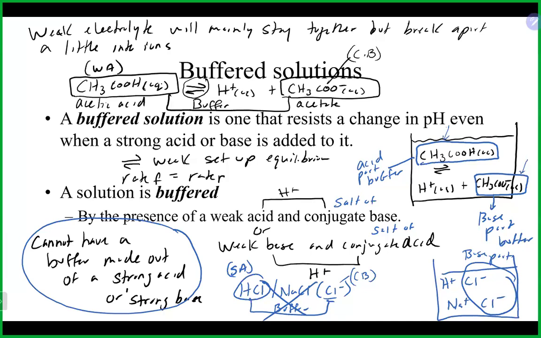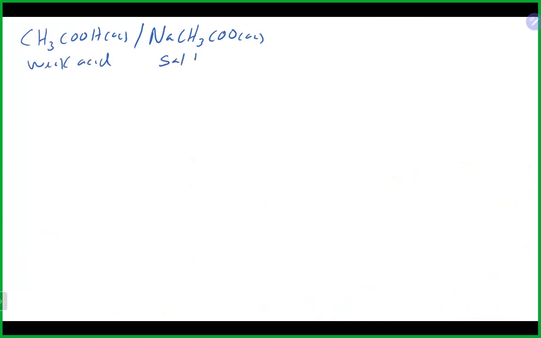So, when we talk about buffers, very common buffers are things like acetic acid, like you're going to use today, I think, in lab, and sodium acetate. This is again a weak acid, and this is the salt of its conjugate base. It is referred to as the salt of its conjugate base because it has a sodium ion there to balance it out.